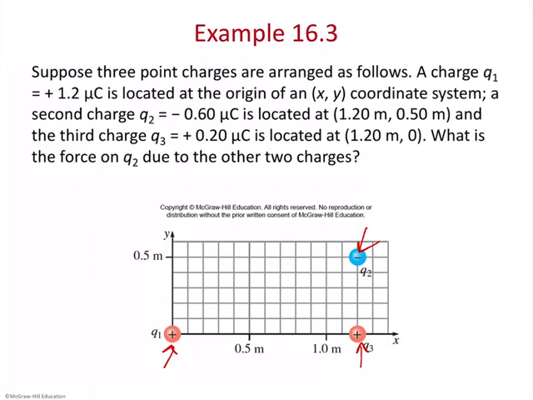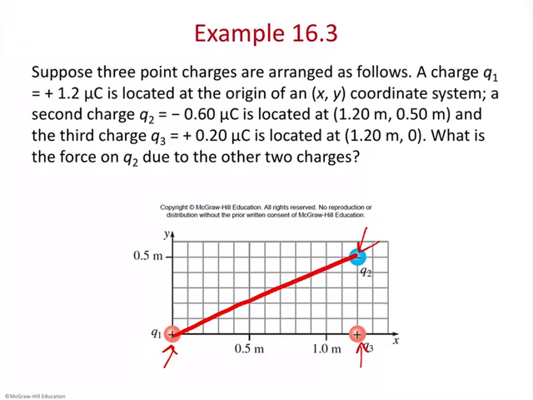Well, think about what's happening here. This is a negative charge, and these two are positive charges. So they're obviously going to be attracted to that negative charge, and they're both pulling on it. So that affects it basically. So let's just look at this one for a minute.